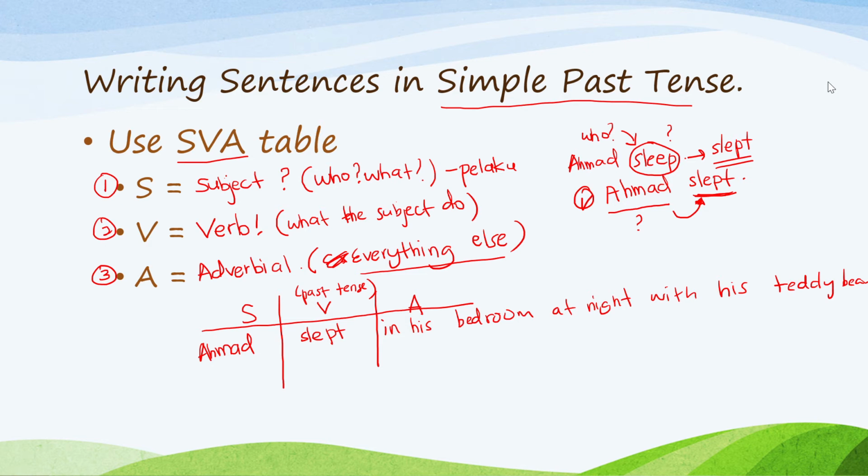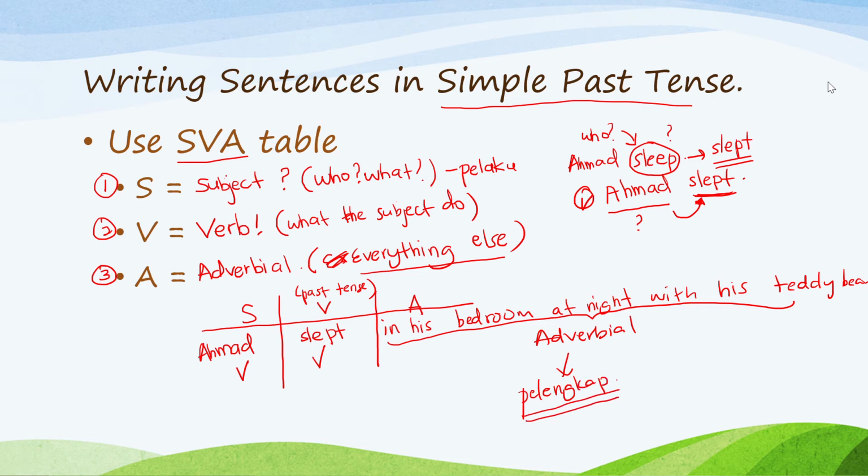Okay, let's look at this long phrase. After a subject and a verb, this long sentence would be the adverbial. Adverbial. In bahasa, adverbial means pelengkap. Sekiranya tak ada adverbial, ayat itu akan jadi tergantung.